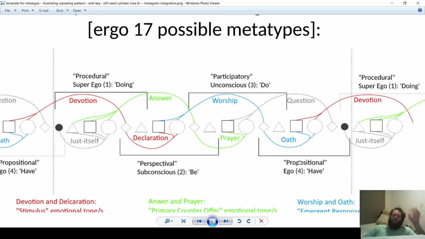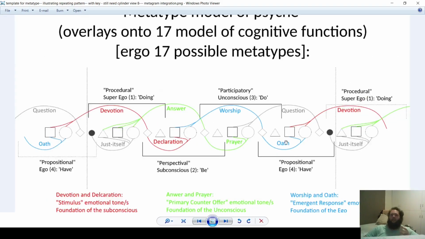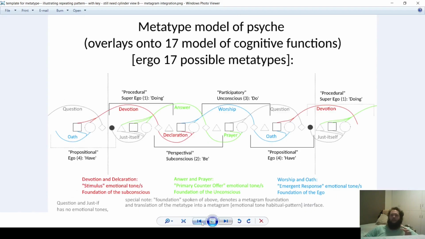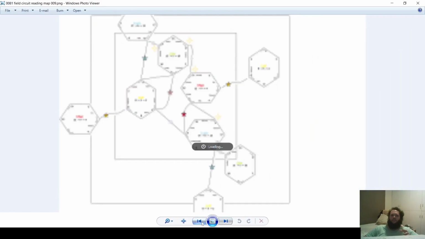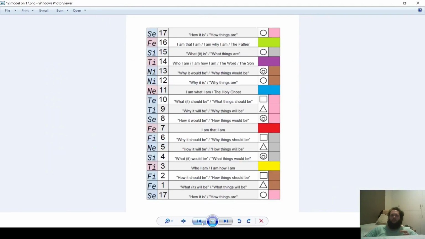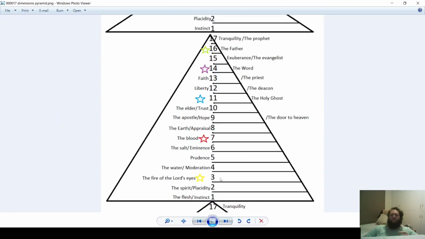Sorry, I'm saying a lot of things which rely on my theory of cognitive functions, which is part of Metatype. Okay, so these are both the same.